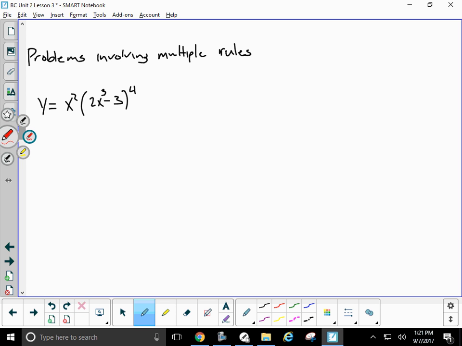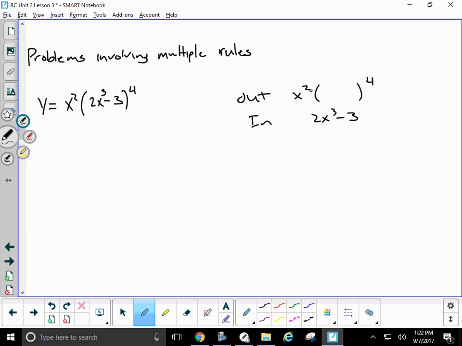Okay, so this one we see we have x squared times 2x cubed minus 3 to the fourth power. Very, very important when you see these, not to just think, oh, chain rule. A lot of students will say, oh, the outside is x squared times this to the fourth, and the inside is 2x cubed minus 3.